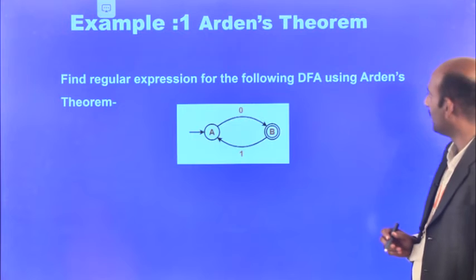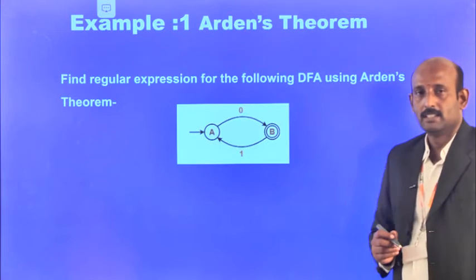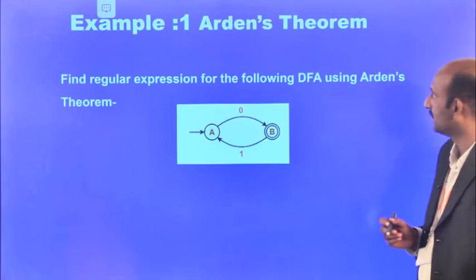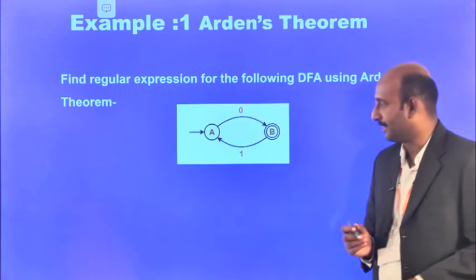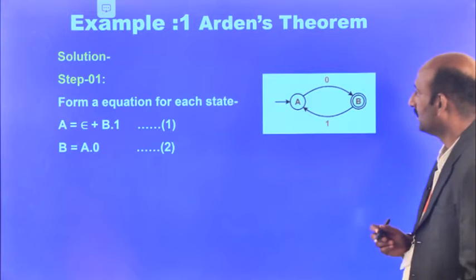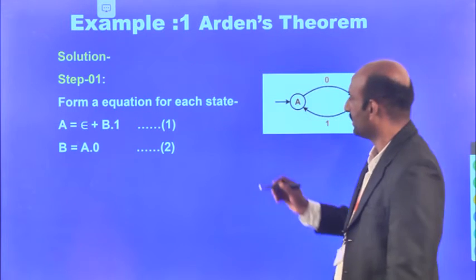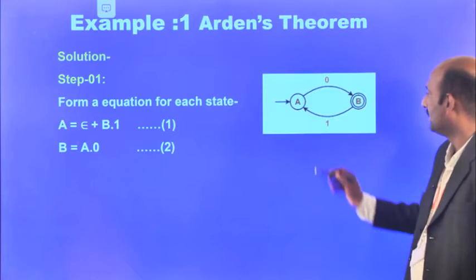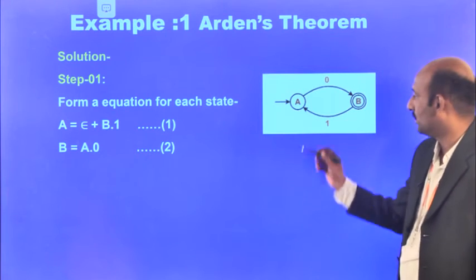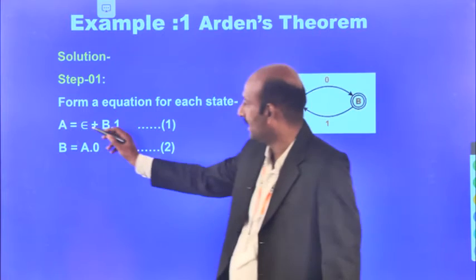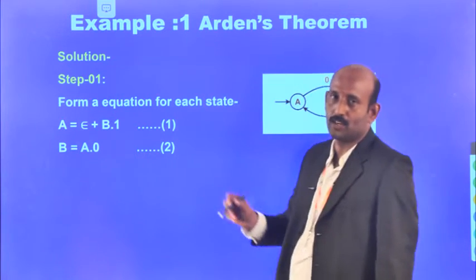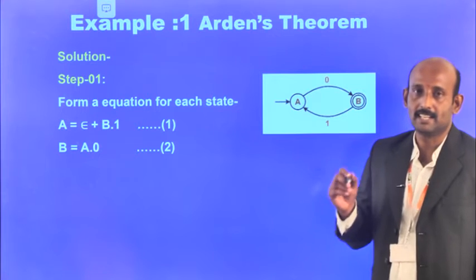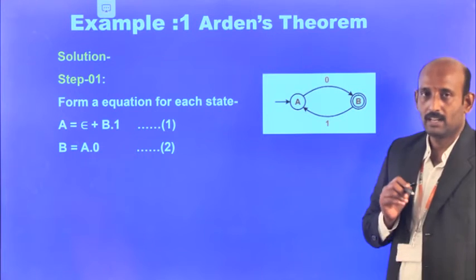For this DFA, we have to convert it into a regular expression using Arden's theorem. The first step of the solution is to form an equation for each state. A is the starting state, so for A we have to add the epsilon transition. This epsilon has to be added for the initial state alone, not for every state.